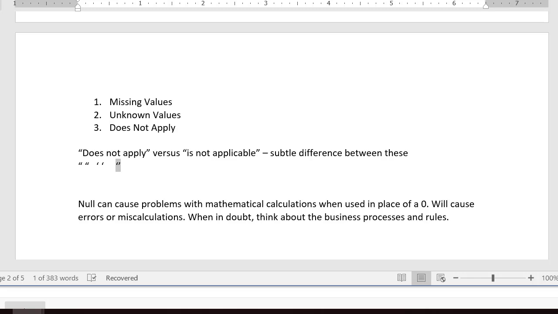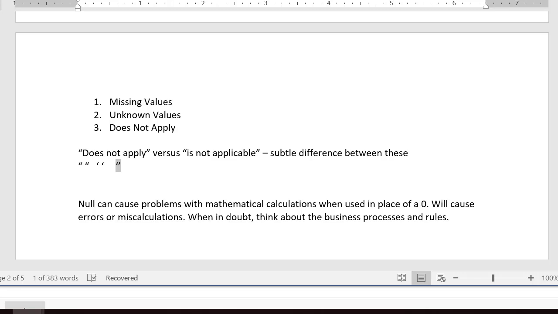That is the absence of information. And so that has implications on your math calculations. Anything that is math-oriented or number-oriented, a null can change the results dramatically. So that could be anything like quantities, balances, currency, sales, and so on.